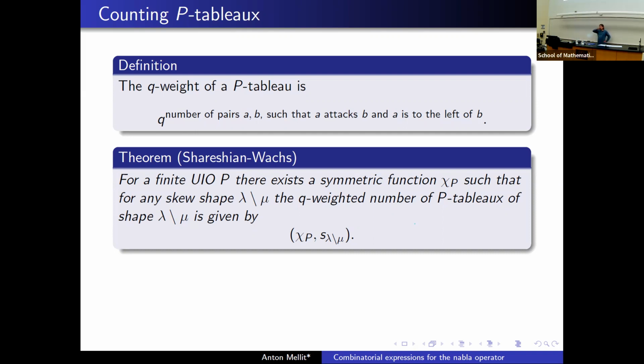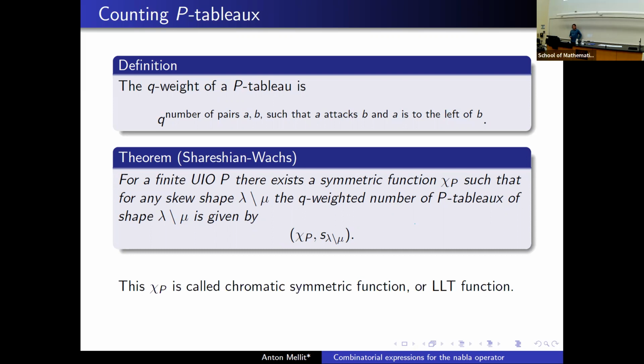Okay, so the contribution of the shape doesn't change the statement. It's still the Schur function. The one difference is that chi p now has some q's in it, but the statement is still true.